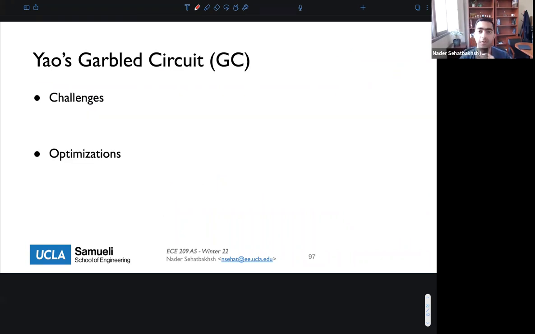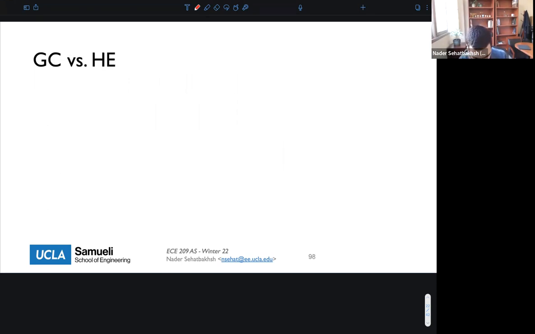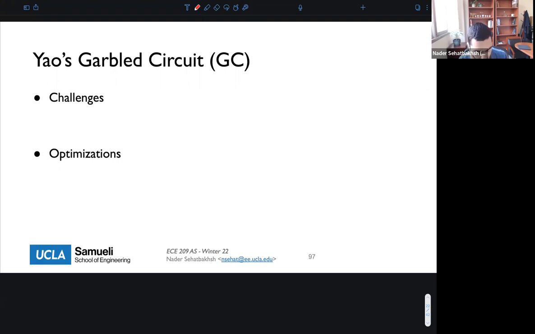All right. So this is just garbled circuits. Obviously, there are many challenges with GC. The challenge that usually happens is that they require a lot of communication between the two parties. For each round of evaluation, one of the users, in this case Ginny, has to send 4 labels to the evaluator, which was Even.